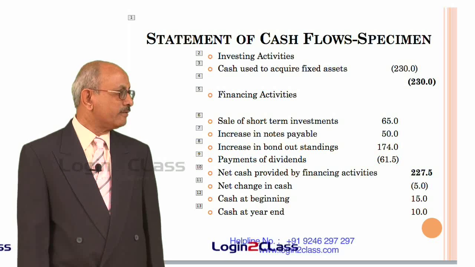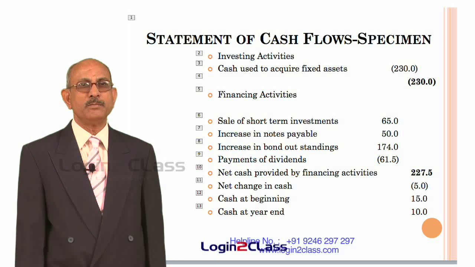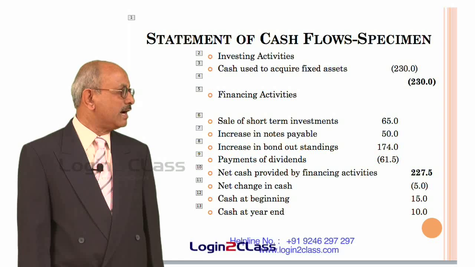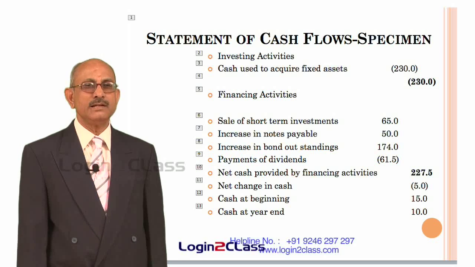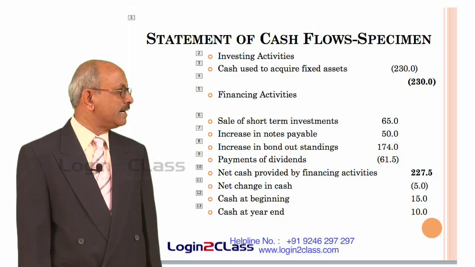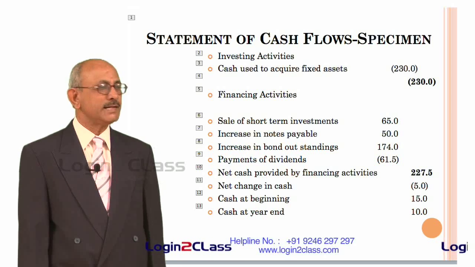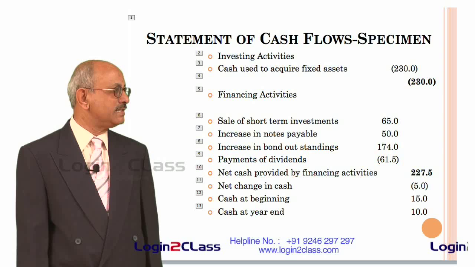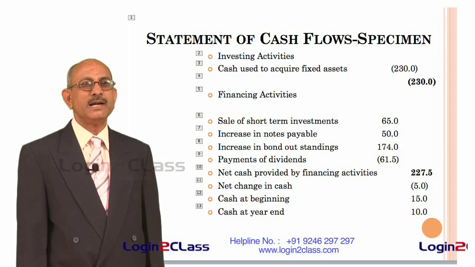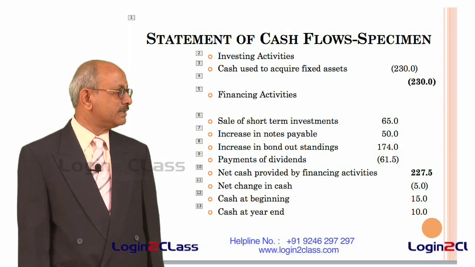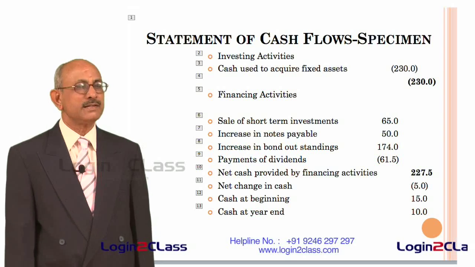Then we arrive at the net cash provided by the financing activities, and once this is done, we combine all the three net cash flows provided by the three activities, we arrive at the net change in cash. To that we add the cash at the beginning to arrive at the cash at the year end.